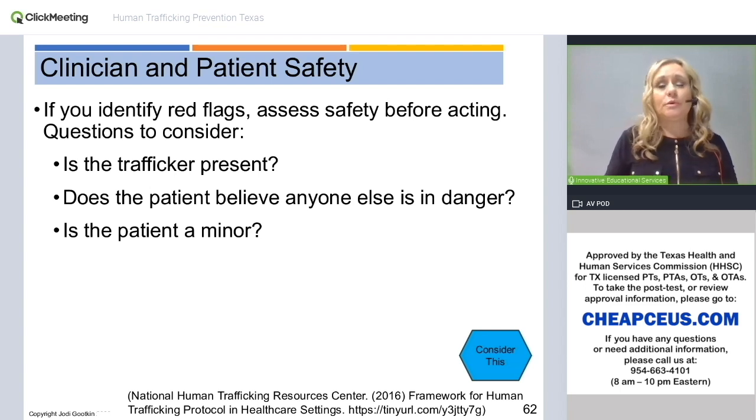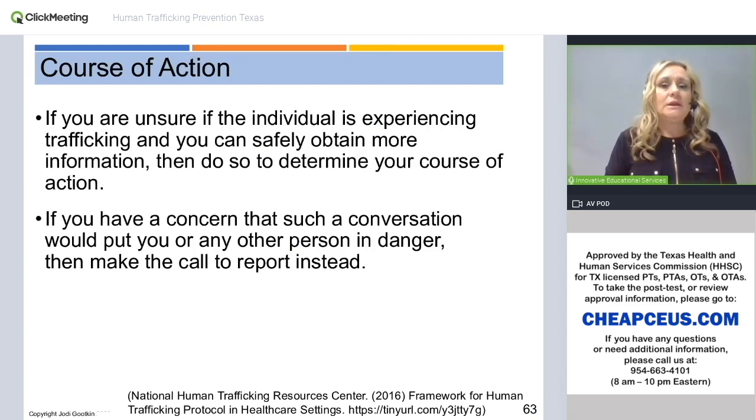You also don't want to alert the trafficker that may be there, or the escort on behalf of the trafficker, that you're becoming aware of the situation. You need to consider your different courses of action. If you're unsure if the individual is a victim of trafficking and you feel that it's safe to engage in more questioning with them, you can do that.